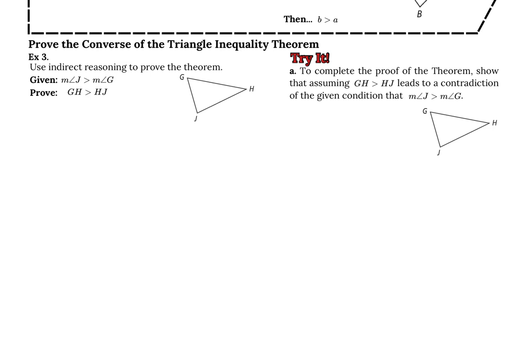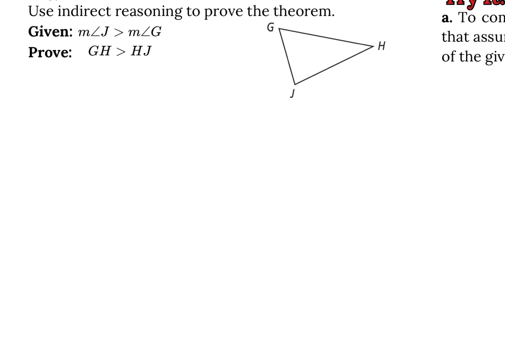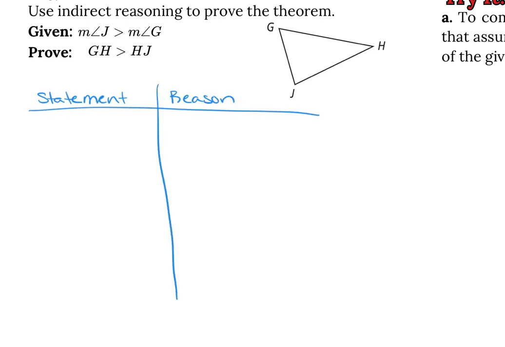Zoom in. All right, so we are given that the measure of angle J is larger than the measure of angle G. We need to prove that side GH is larger than HJ.